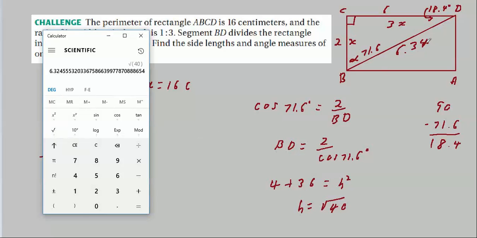This would round off to 6.32. Try that again. I'm not sure why there's so much difference. 6.324. Yeah, it's just the way I rounded it. It was 6.324 and this is 6.336, so a few hundredths difference, but you get the same answer within reason.